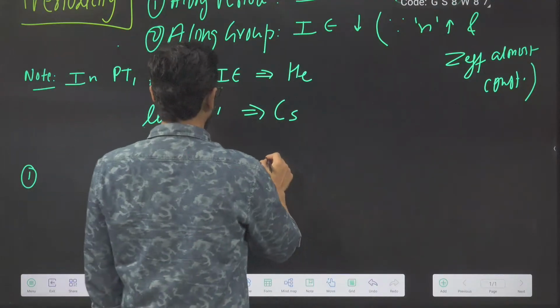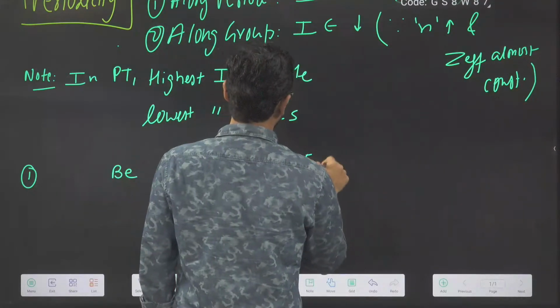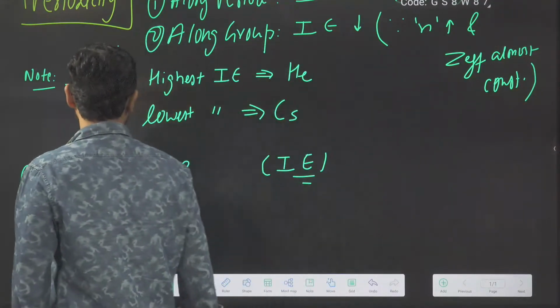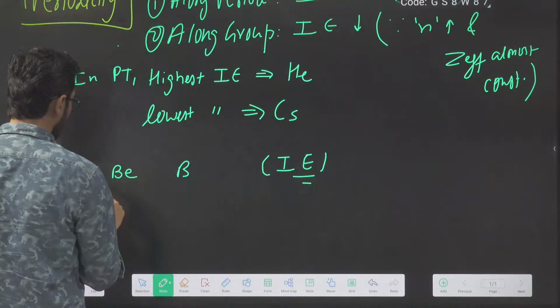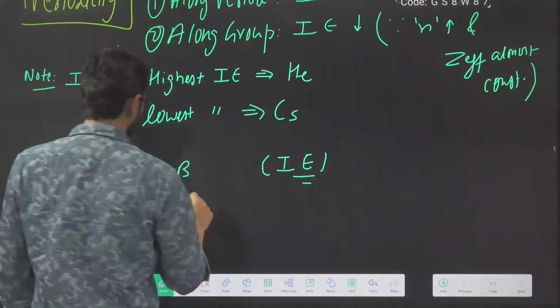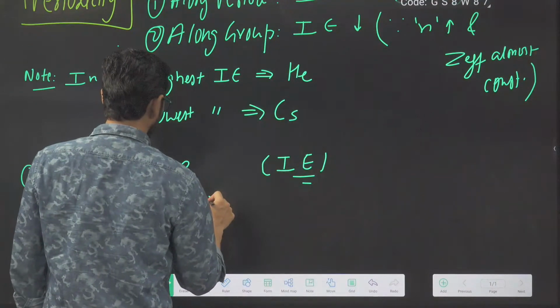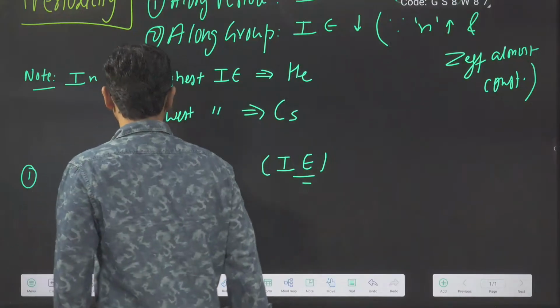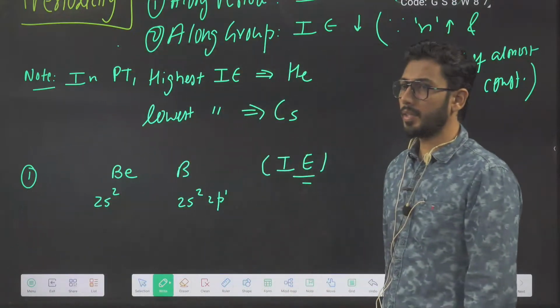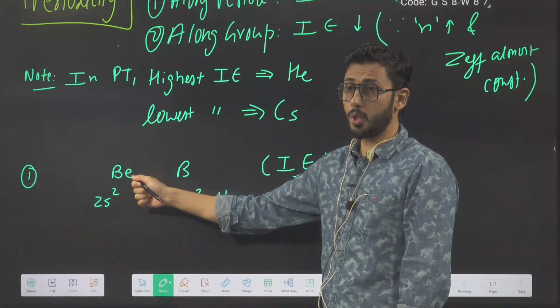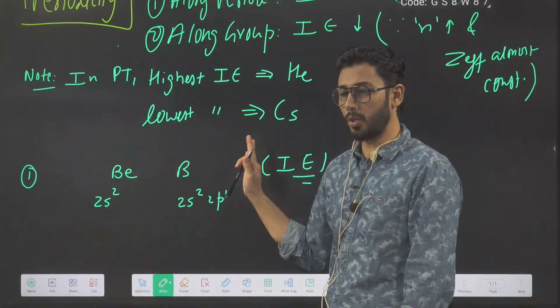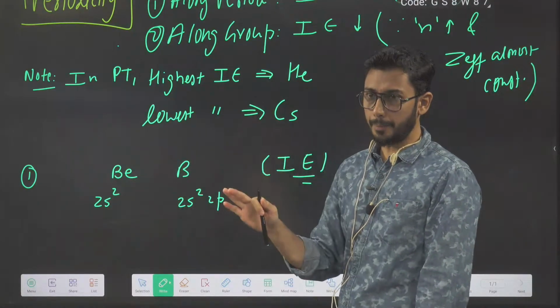If you compare their ionization energy, beryllium is 2s2 and boron is 2s2 2p1. Logically, out of these two, along the period, boron should be more, periodicity.